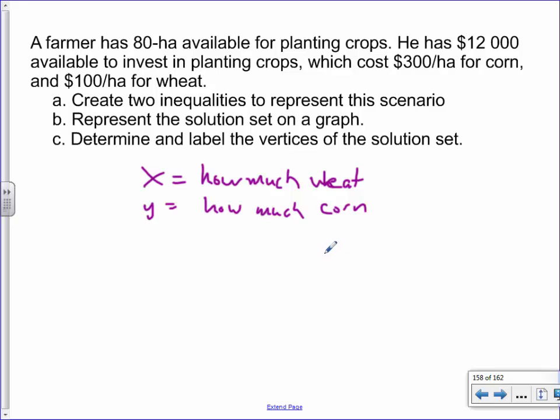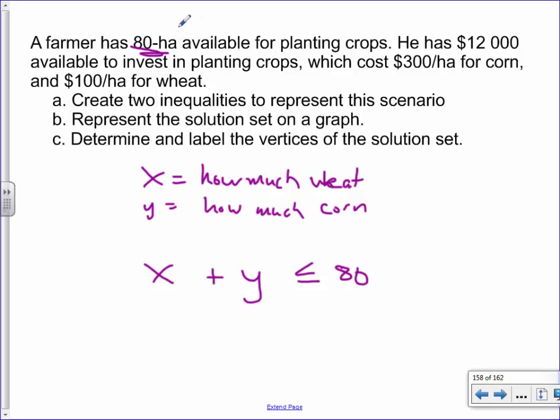As a farmer, I only have 80 hectares to plant. So here's one of my limitations. However much wheat I plant and however much corn I plant cannot exceed 80, because that's how big my field is. I don't have any more territory with which to plant other than the 80 that I own. Does that make sense?